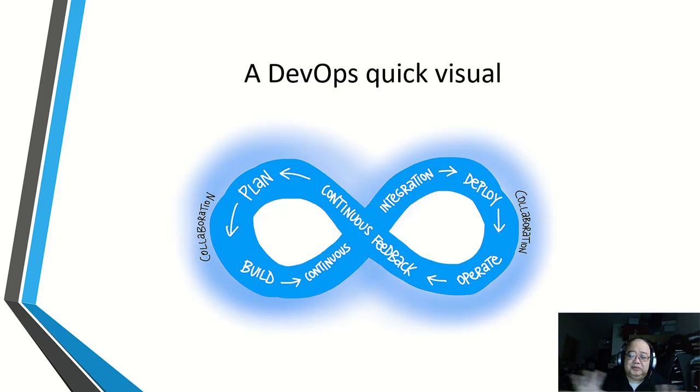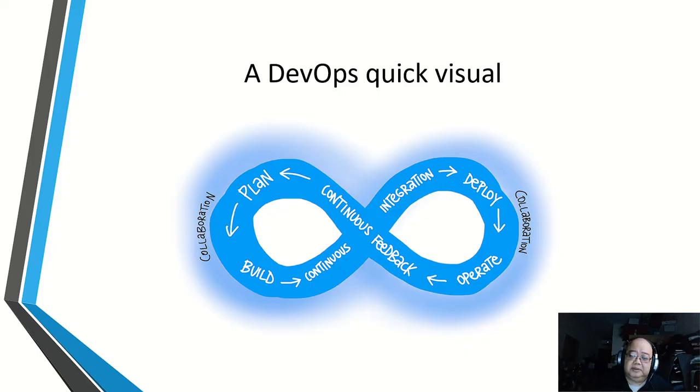You'll see that in most references, books, and articles about DevOps, you have a circling infinity DevOps logo, from plan to build and continuous integration, deploy, and then operate and continuous feedback.